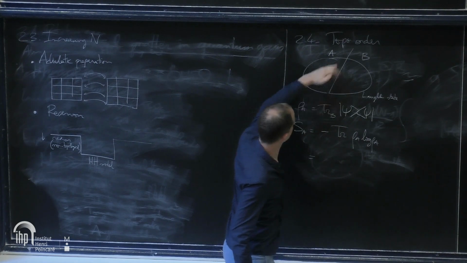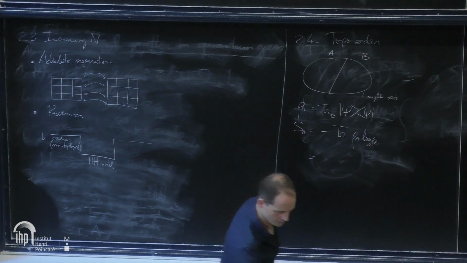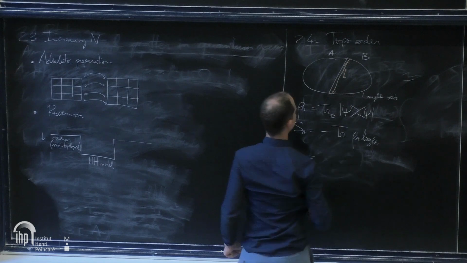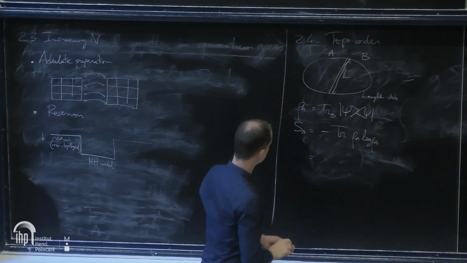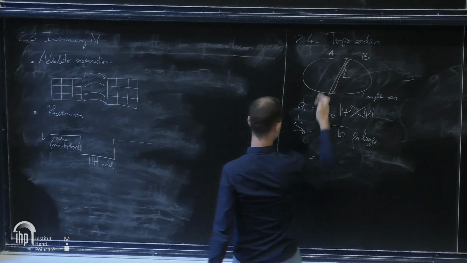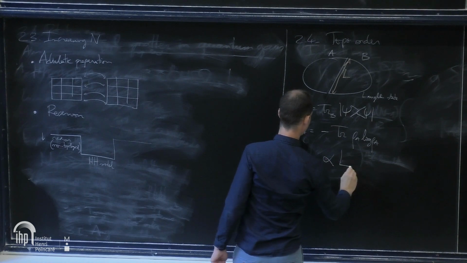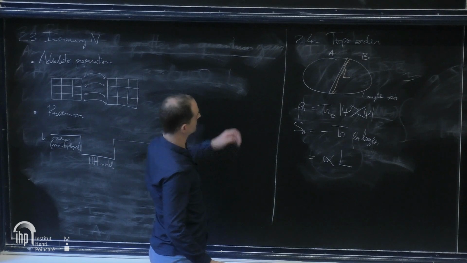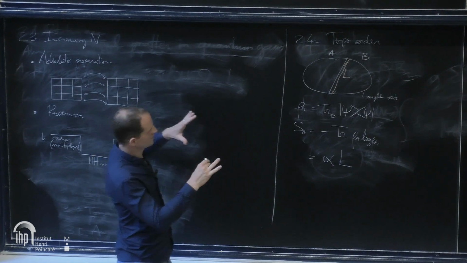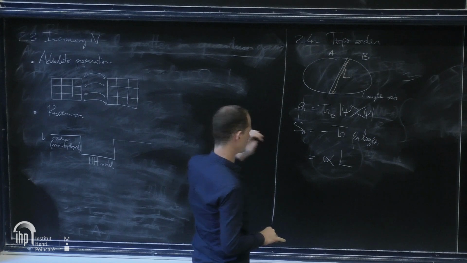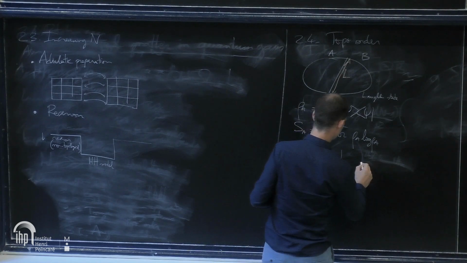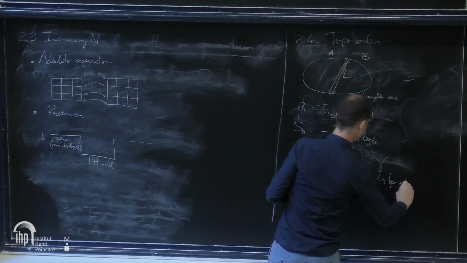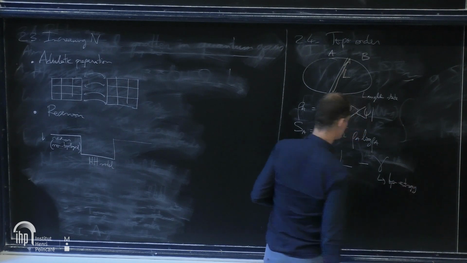I will not draw this, because I want to introduce the length of the cut, L. And so we expect that since it's concentrated around this cut, it should scale as L. Then in a topological system, we expect, because of topological order, to have a long-range entanglement that will modify this scaling with a subleading term, minus gamma, which is the so-called topological entropy. That is characteristic of the topological order.